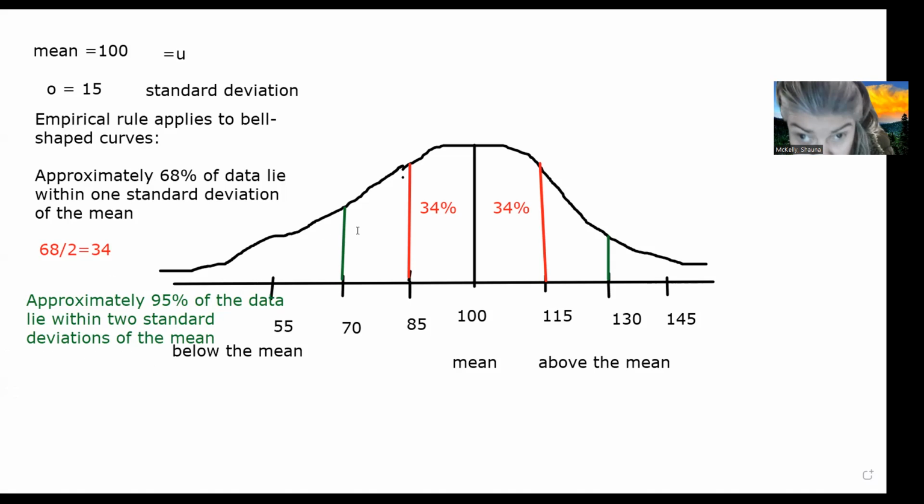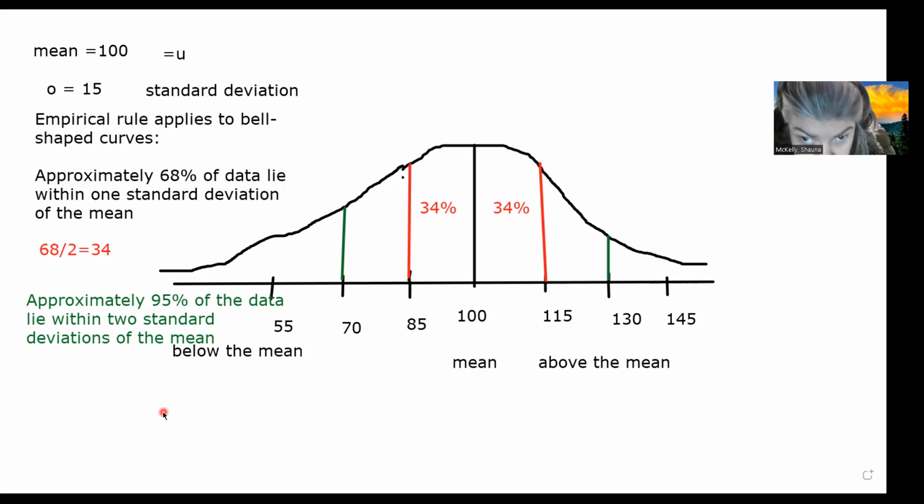Now, how do we get this percentage here in this white area and this percentage here? We know this is 68. We know the green area here from 70 to 130, from 2 standard deviations, right? How do we get that?